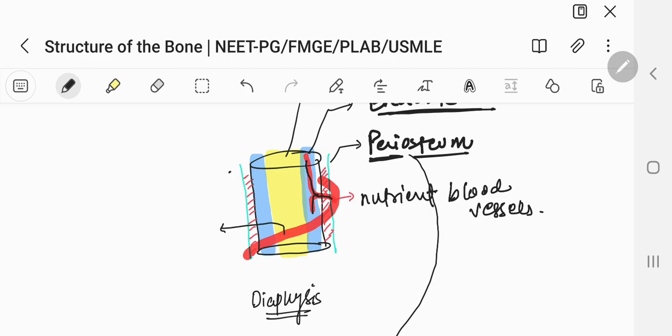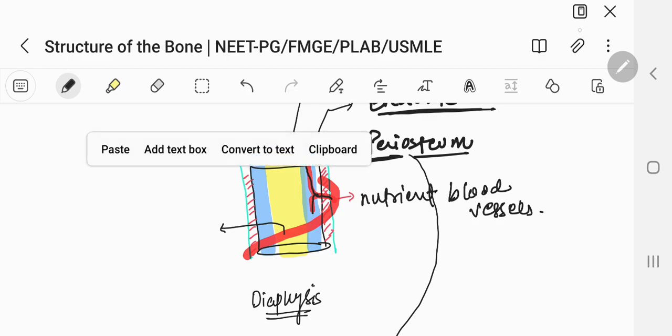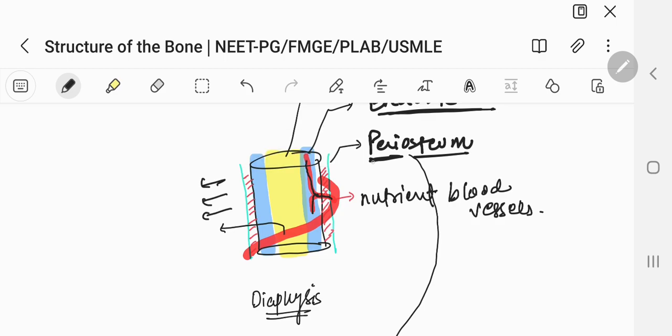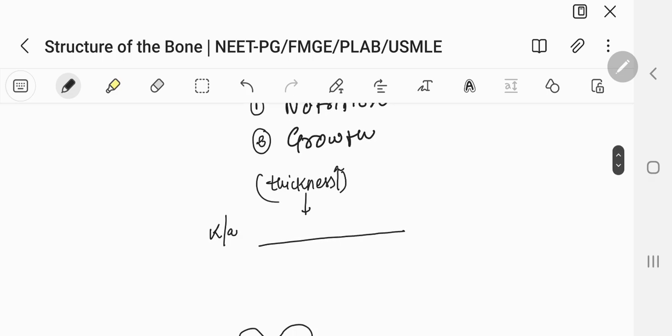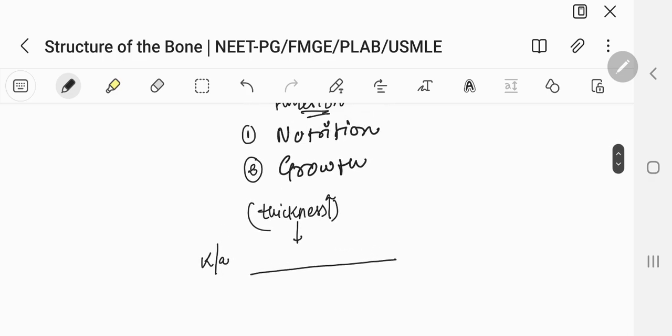Now, when periosteum stretches, it will help in increasing the width of the bone, that is the thickness of the bone. This type of growth, where the thickness of the bone is increased, is known as appositional growth. So remember, this is known as appositional growth.